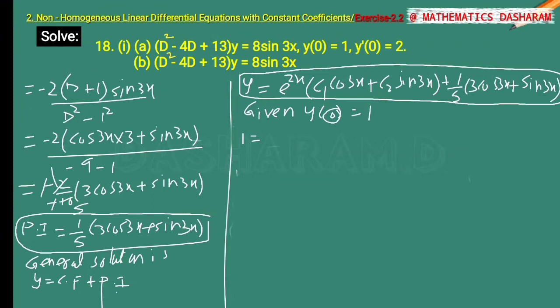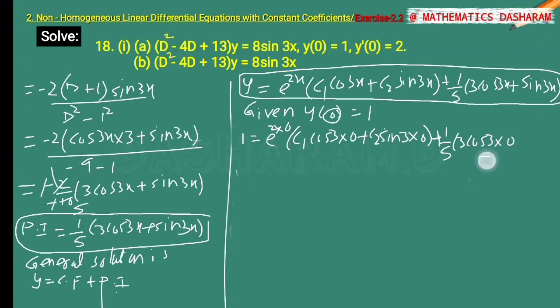substitute this value in this: 1 equals e to the power of 2 into 0, c1 into cos 3 into 0 plus c2 into sin 3 into 0 plus 1 by 5 into 3 into cos 3 into 0 plus sin 3 into 0.